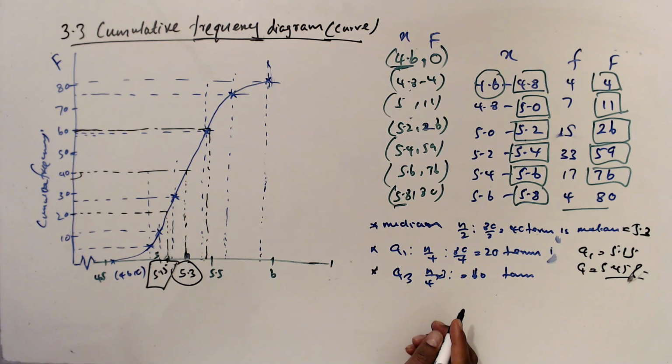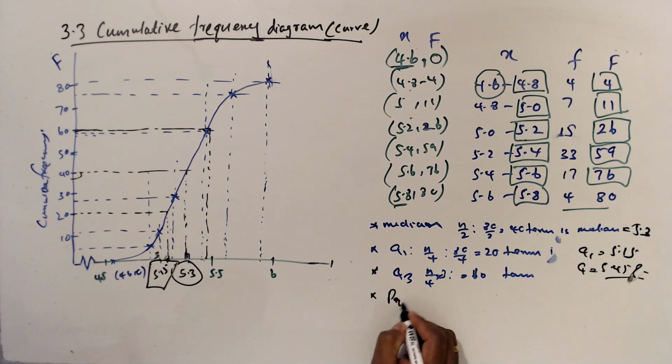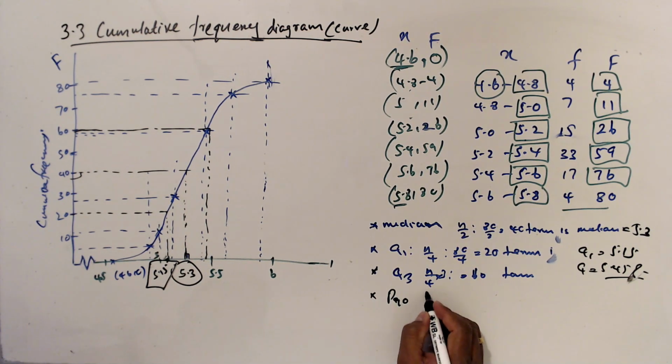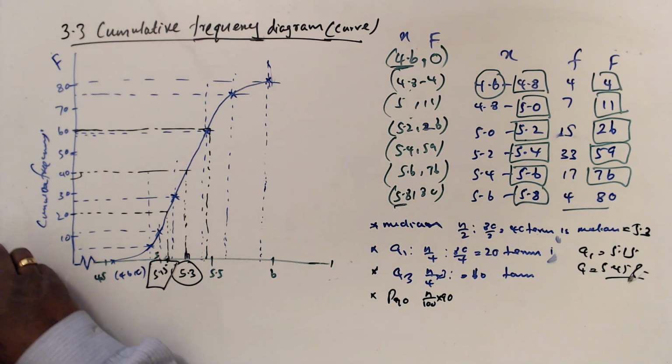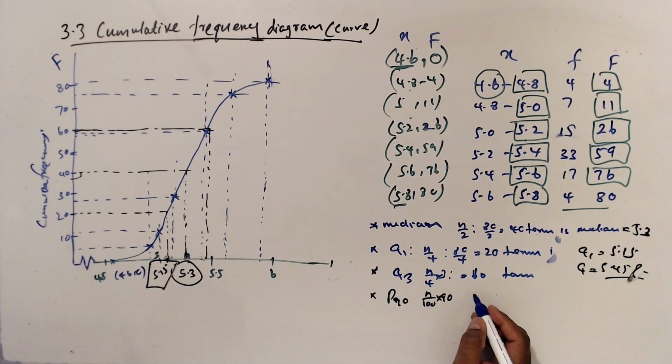Assume we want to find the 90th percentile, P90. We divide n by 100 and multiply by 90. This term is going to be the 72nd term.